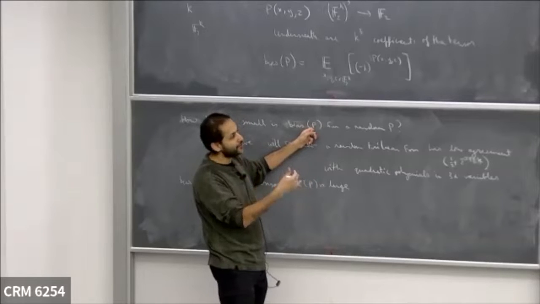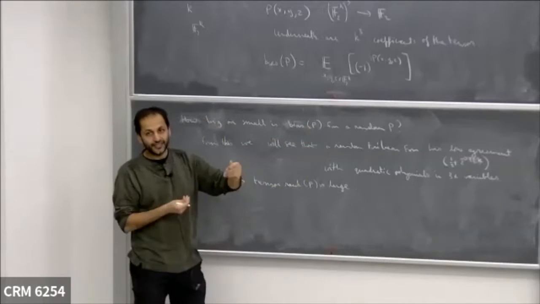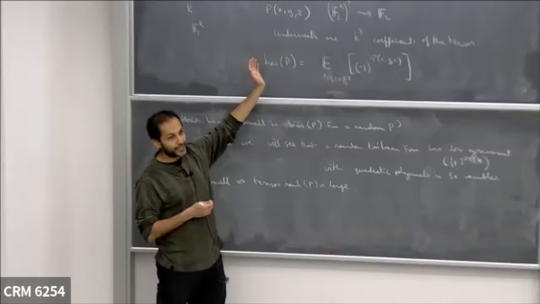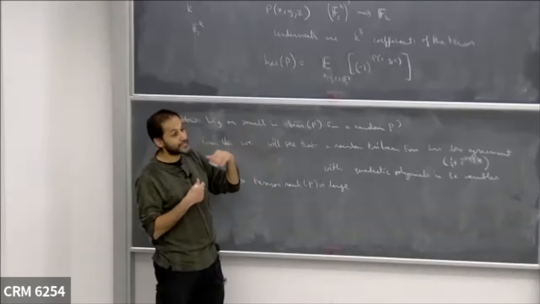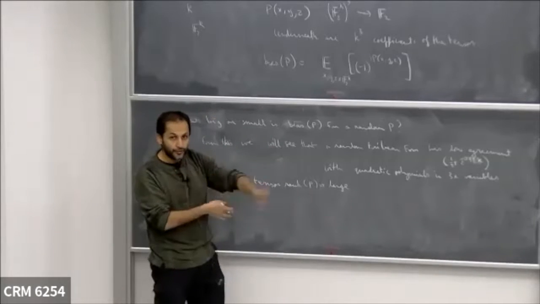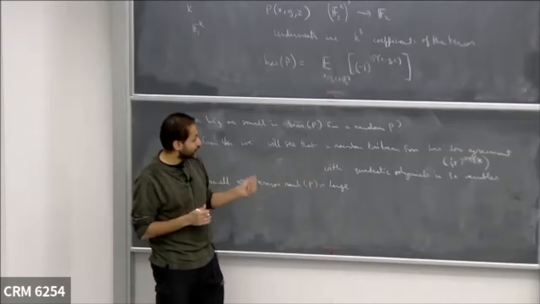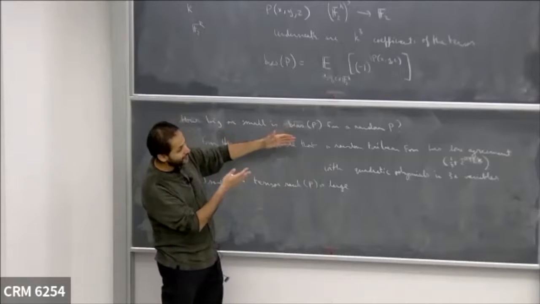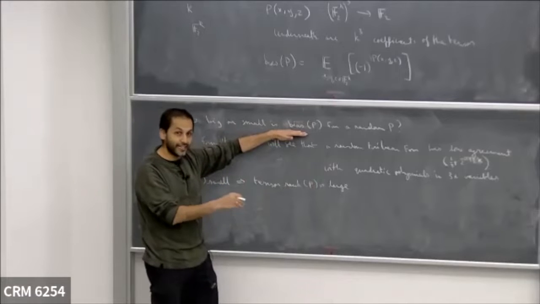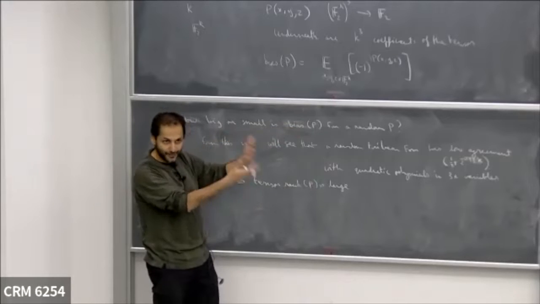This will allow us to union bound against all quadratic polynomials and show that a random polynomial also has agreement only half plus something with all quadratic polynomials simultaneously. So it is important for whatever I'm doing to show that the bias of P is small with very, very high probability. That is important for the application.